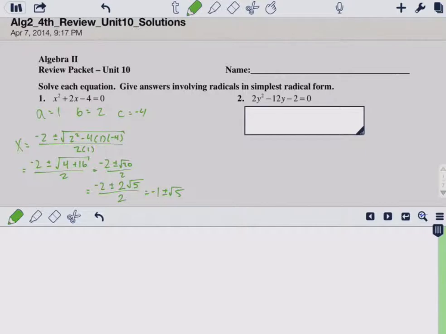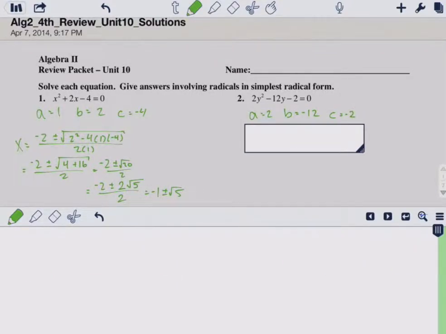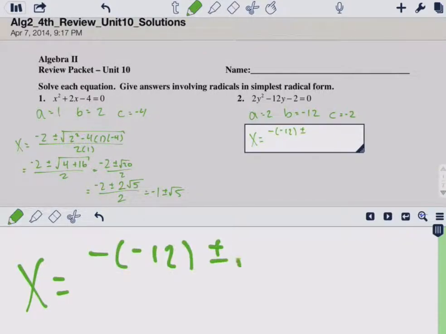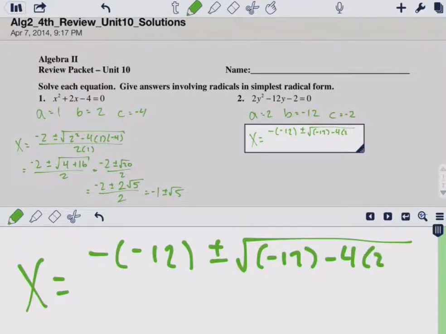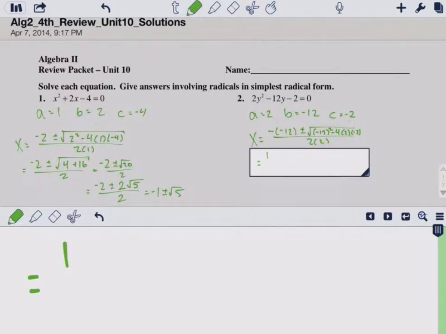Do the same thing for 2. Quadratic formula. a is equal to 2, b is equal to negative 12, c is equal to negative 2. x equals negative b plus or minus the square root of b squared minus 4 times a times c, all over 2 times a. Alright, so we get 12 plus or minus the square root of 144.